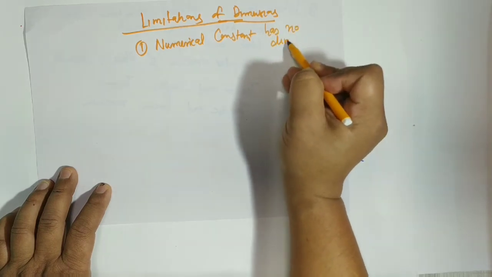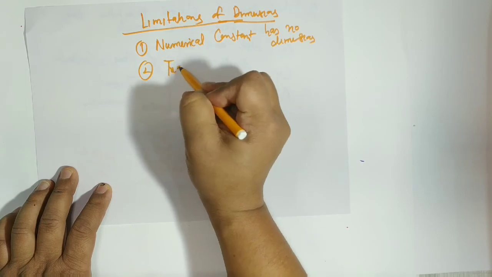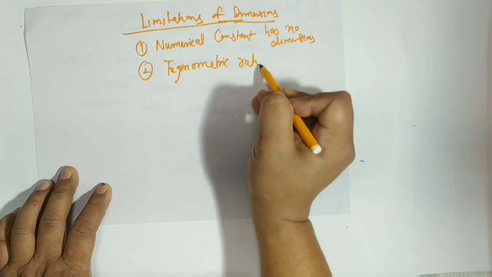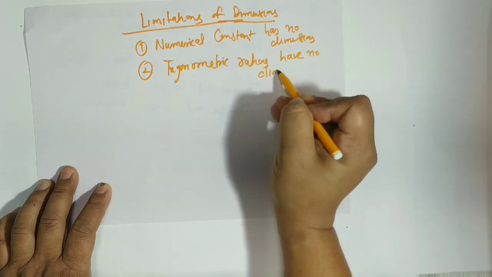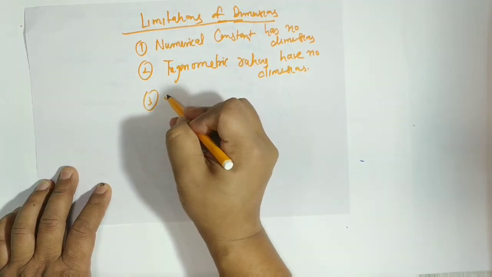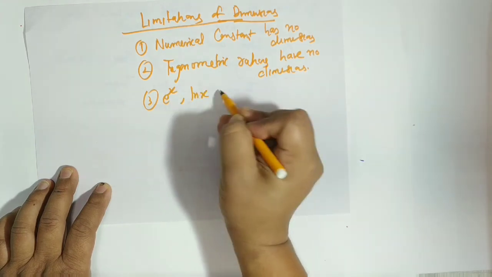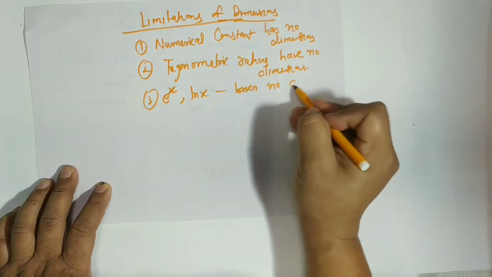Trigonometrical ratios, exponents and log x also have no dimensions.